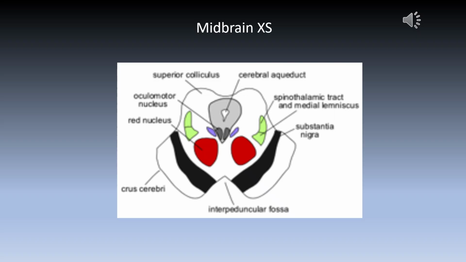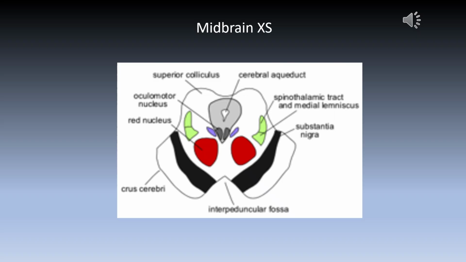The third part of the crus cerebri is called the red nucleus. So those three things together constitute the crus cerebri: cerebral peduncles, substantia nigra, and the red nucleus. The red nucleus is the origin of what is called the rubrospinal tracts.